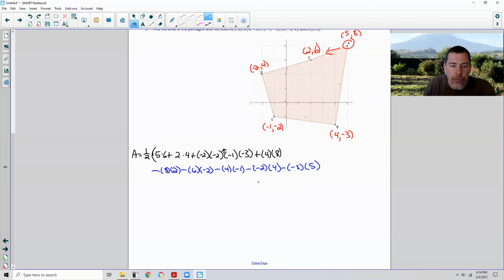All right, so here we go. Area equals 1/2. Now it's easy. 6 times 5 plus 2 times 4 plus negative times negative is positive, 2 times 2 is 4, plus a negative times a negative is positive, 3 times 1 is 3, plus 8 times 4, 32, minus 8 times 2, 16, minus 6 times a -2 is 12.